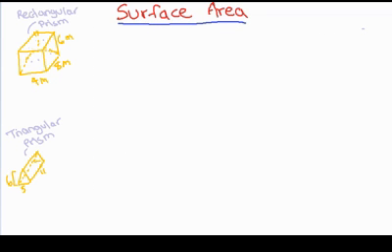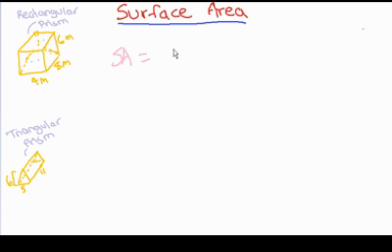Now let's find the surface area for the triangular prism. So the surface area formula for a triangular prism, well, there isn't really any formula. All you do is you just add up the areas of the sides of the figure. So what we can do is surface area is equal to 2 times the triangle.